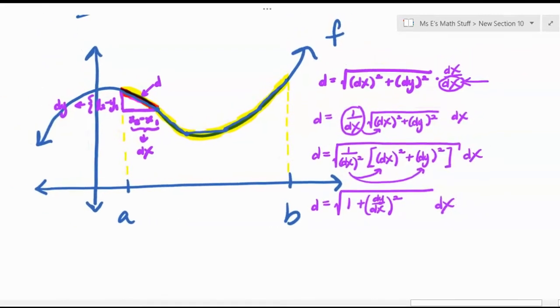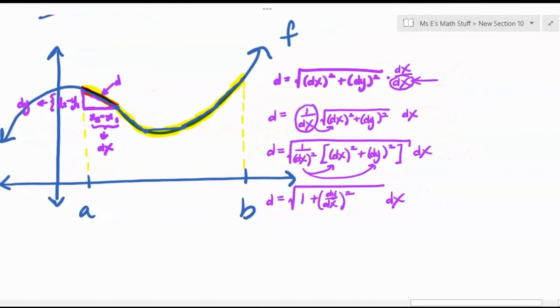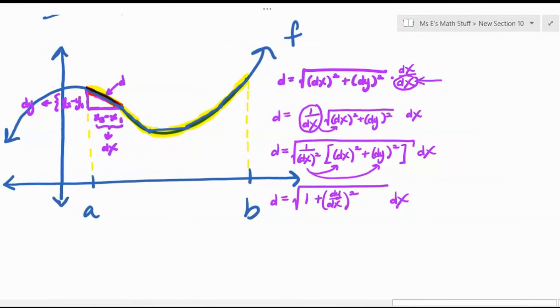There we go. Now let's take a minute, just in case you've gotten lost in what we're even doing here. Let's go back to the master plan. This is an expression for one of the infinitely many little segments that we're going to need to add up. How are we going to get the arc length of this function f on the interval from a to b? We're just going to need to add up infinitely many, infinitely small of those.